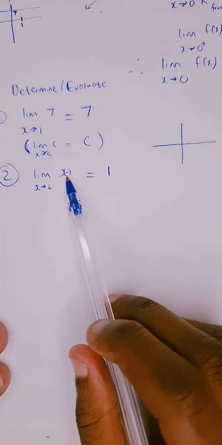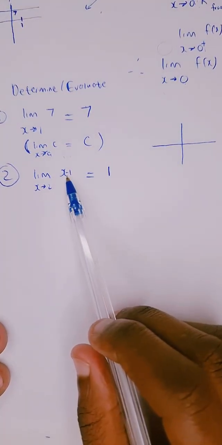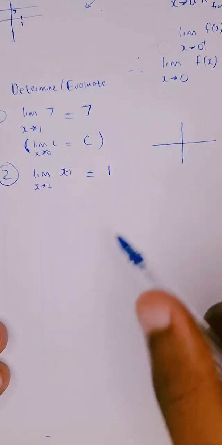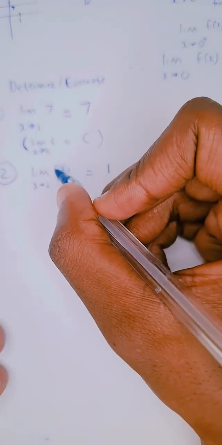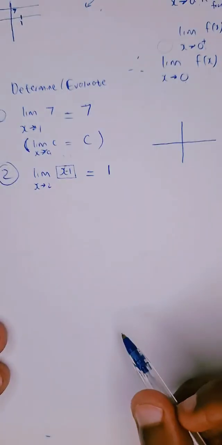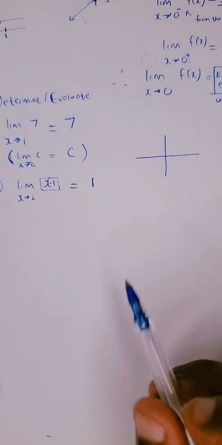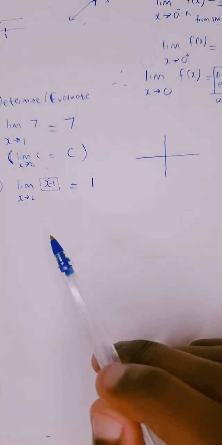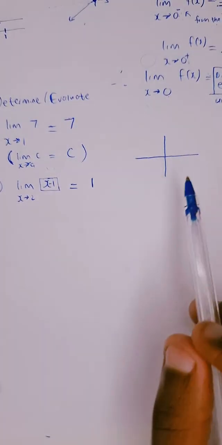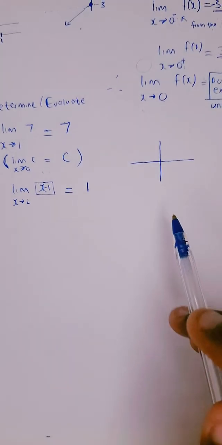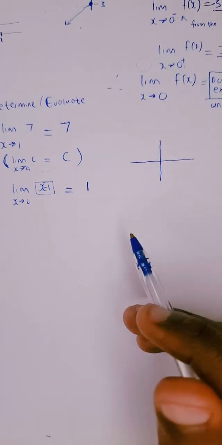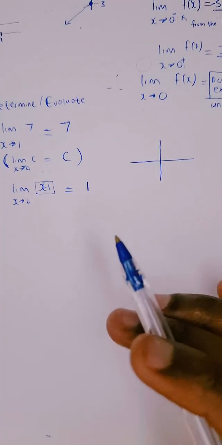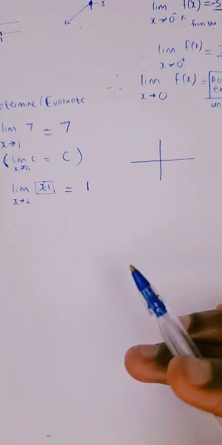A function like this is a representation of a positive gradient straight line. It's helpful to see the graphical representation.